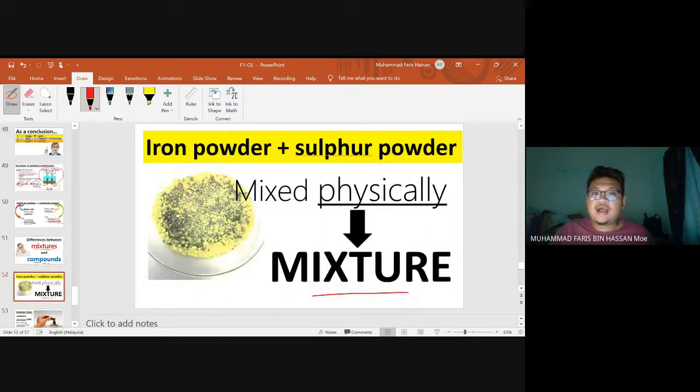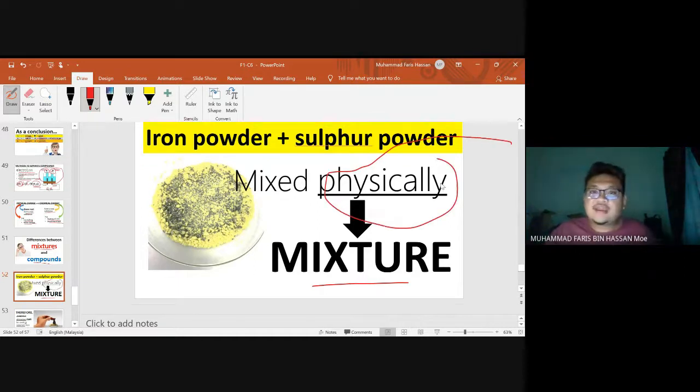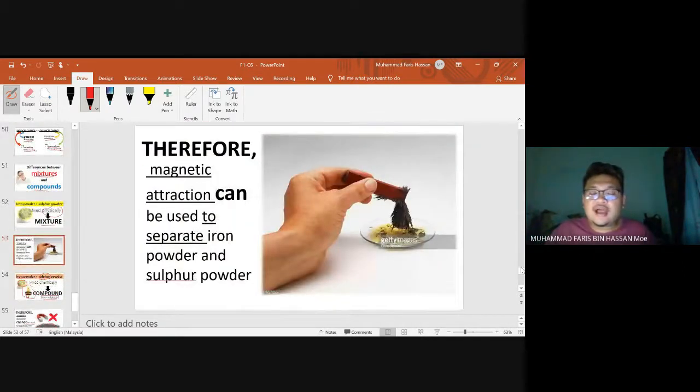We also learned about the difference between physical change and chemical change, and also the differences between mixtures and compounds. For a mixture, they just mix physically. This is the keyword here. For the mixture, we can separate them by using a physical method like magnetic attraction.